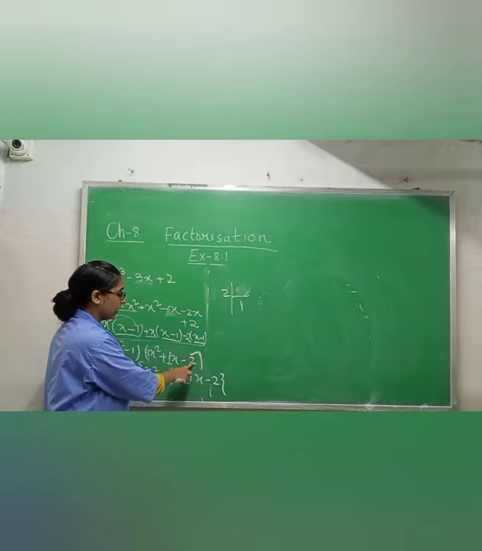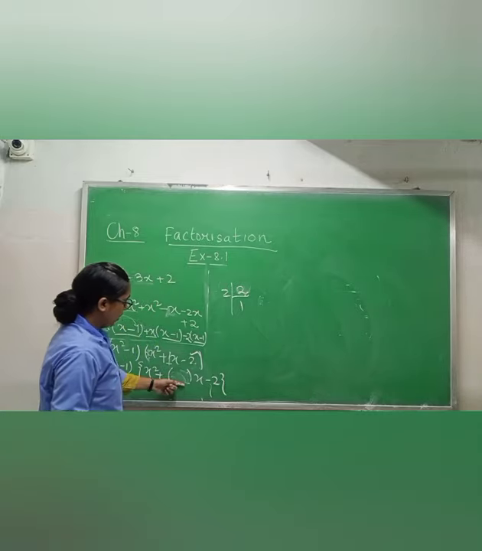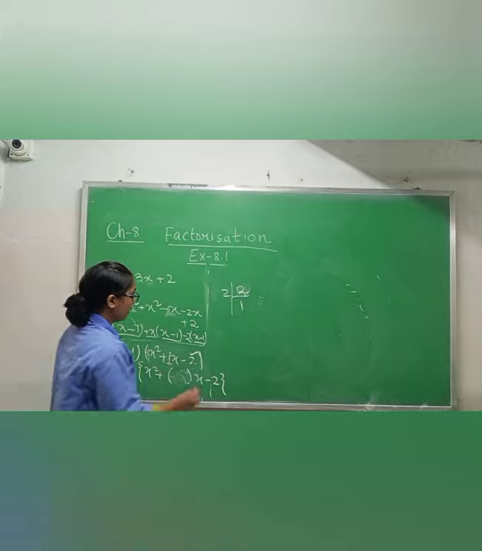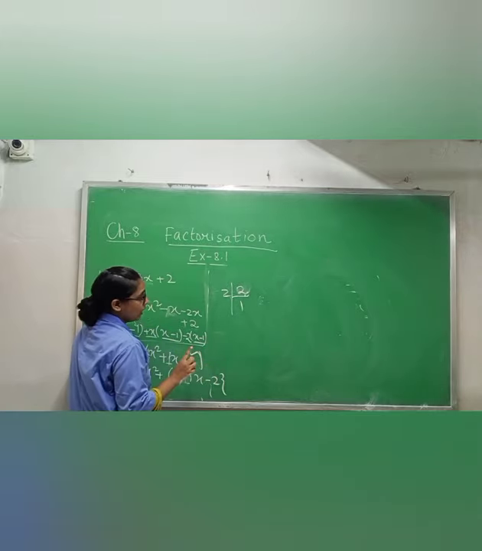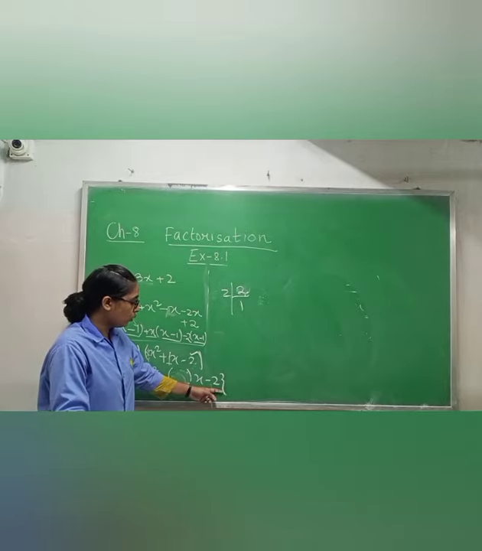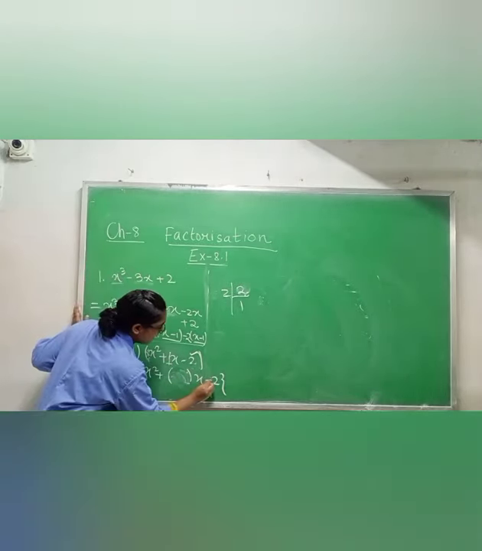So here I have 2 only, so 2 ones are 2. Now here what you will write? You will write such numbers so that the multiplication of those numbers gives 2 and the subtraction gives 1. You will always see this sign.